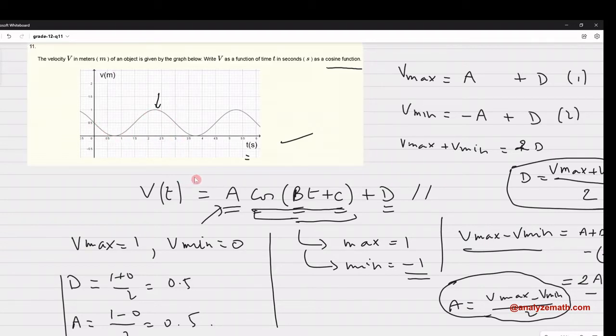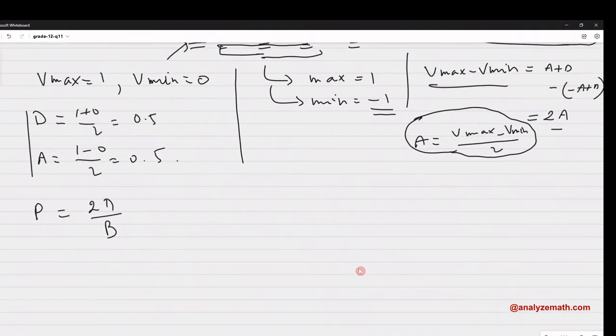This is one period. Then the period is the distance between 3 and 0. 3 minus 0, and that gives me 3. I solve to find b equal 2 pi over 3.